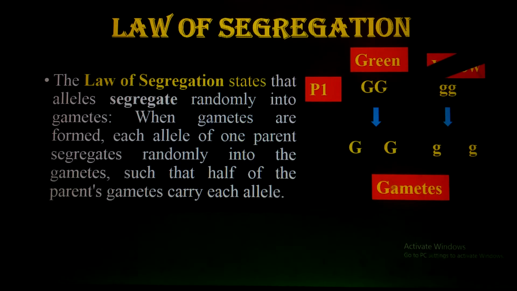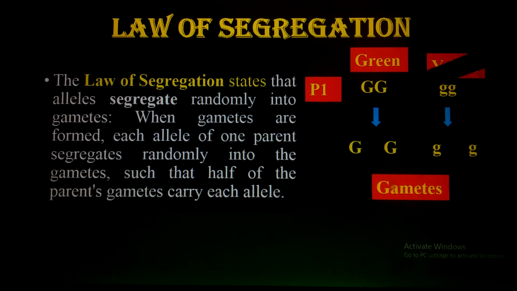You can see here, when the gametes are produced, the two alleles segregate, separate from each other in each gamete. Two gametes are formed, and the alleles separate randomly. When gametes are formed, each allele of one parent segregates randomly into the gametes, such that half of the parent's gametes carry each allele.